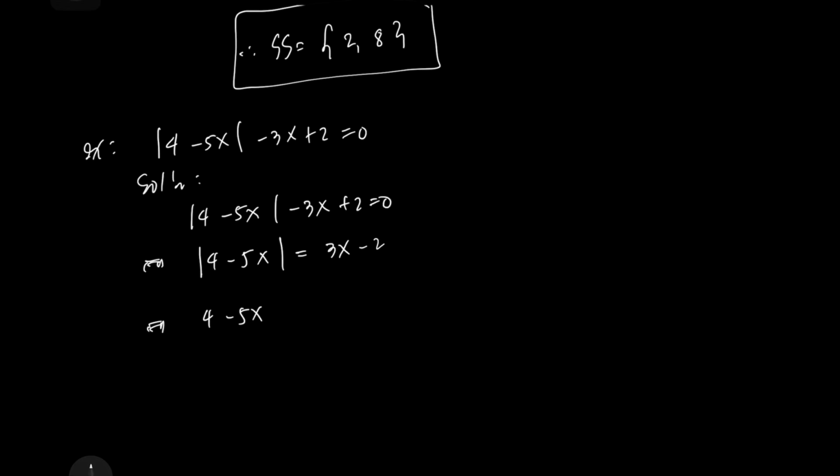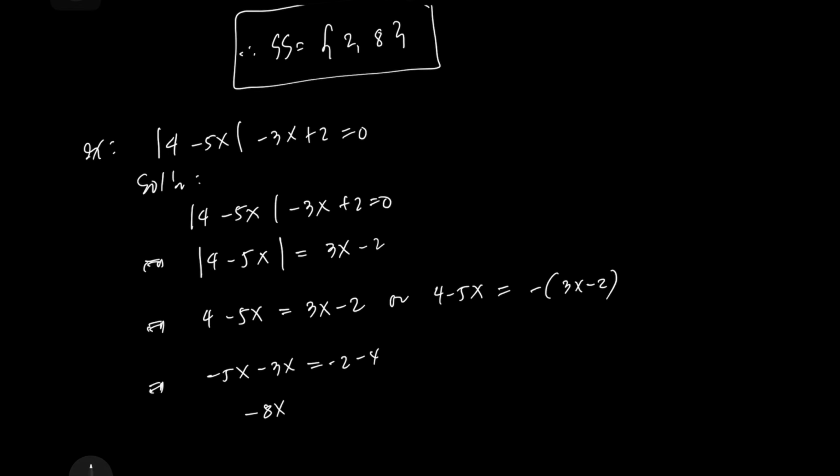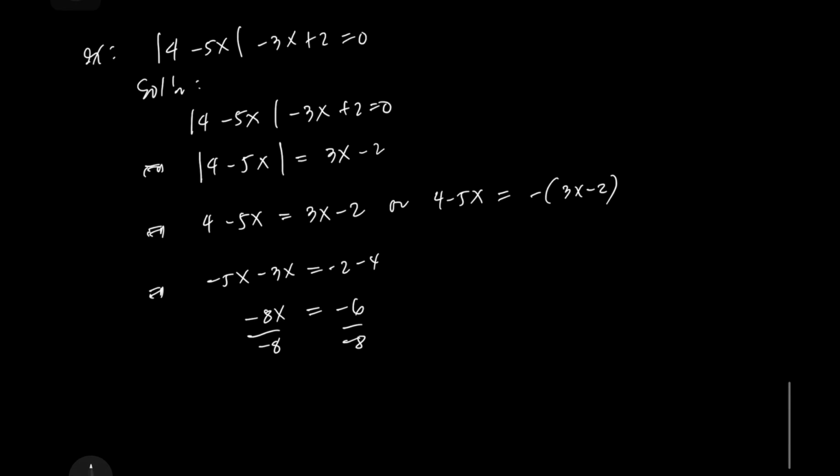Then we have 4 minus 5x equals 3x minus 2, or 4 minus 5x equals negative 3x plus 2. Simplify this one: minus 5x minus 3x equals negative 2 minus 4. We have negative 8x equals negative 6, divided by negative 8 on both sides.